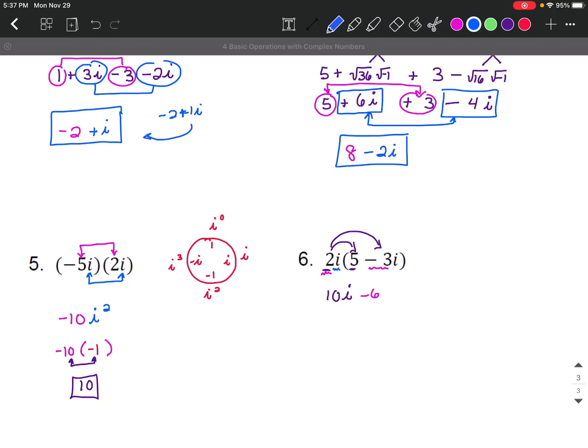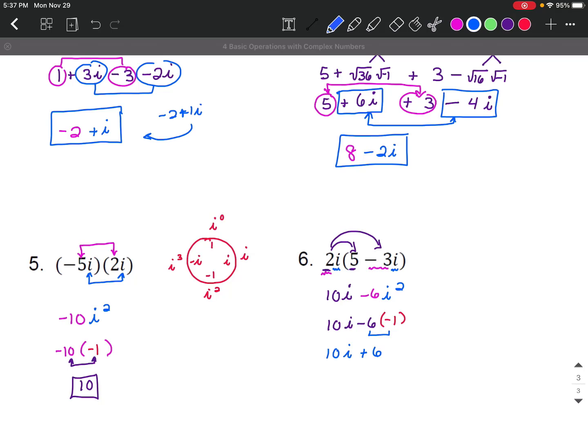And the i times the i is i squared. Okay, so now I have 10i minus 6, but wait a minute, what's i squared? i squared is negative 1. So this becomes 10i, and a negative 6 times a negative 1 is a positive 6.